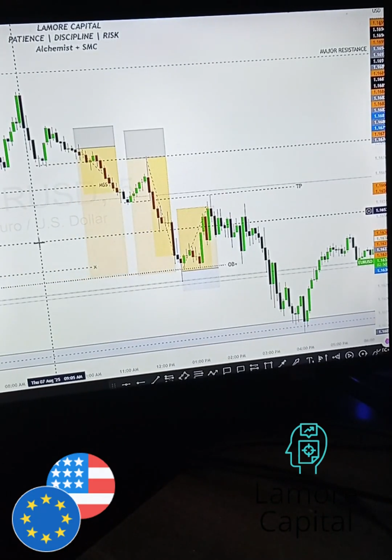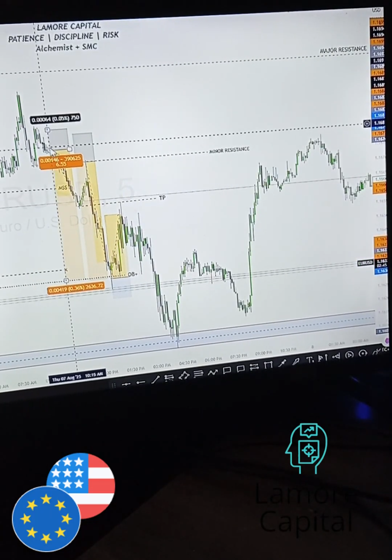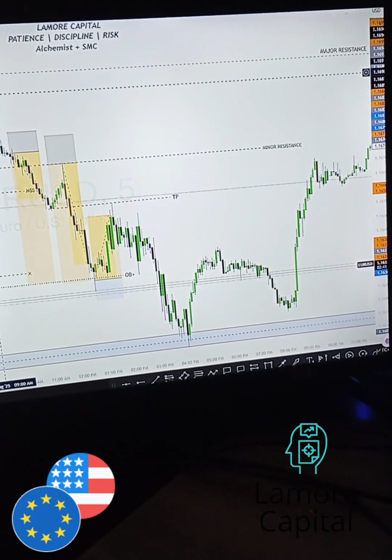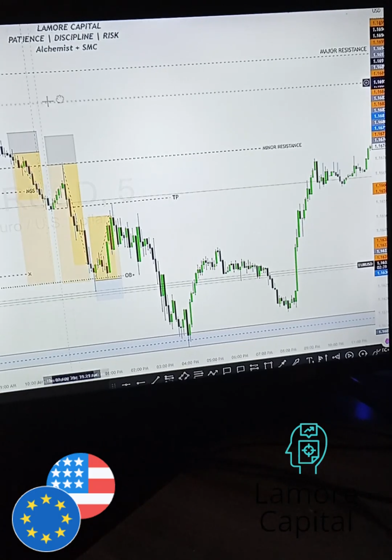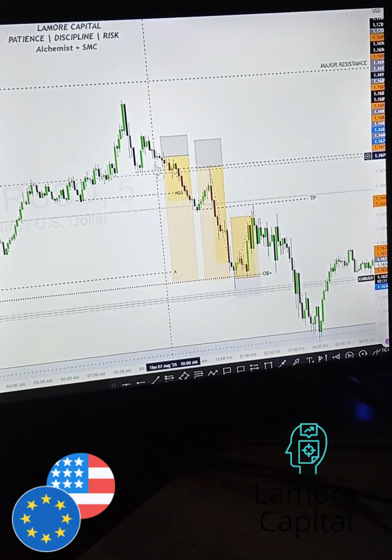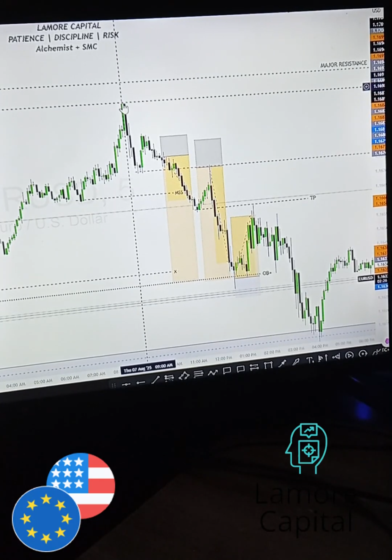If you look at my remaining posts, you're going to see how I entered this trade even before the market structure shift. So what I was looking at is, this is already a protected high. This high already is protected.